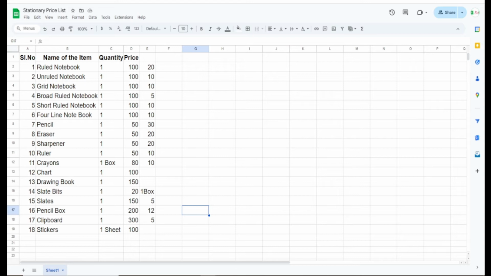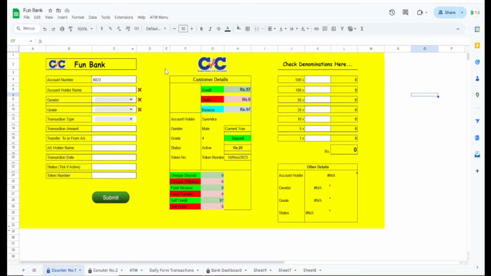So next thing, coming back here, the fun bank. How this bank functions is just like the fun shop. As I have told you, it's not maintained by an outsider.